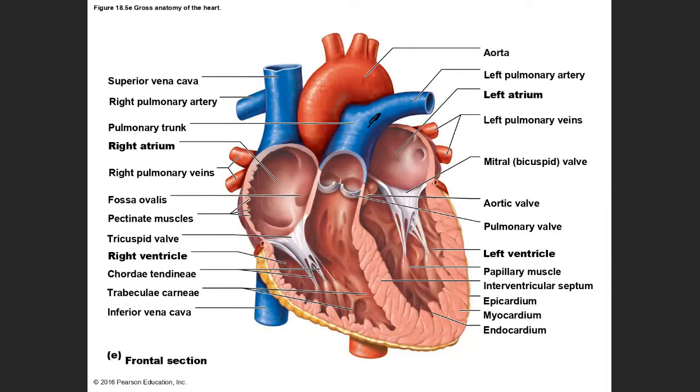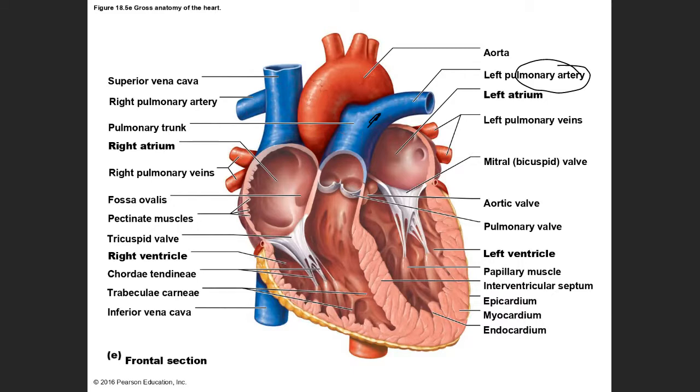It's oxygen poor. But why do we call it an artery? The majority of arteries contain oxygen rich blood. Again, we go back to the definition of veins and arteries. A vein, right, is that tube, that structure that carries blood to the heart.